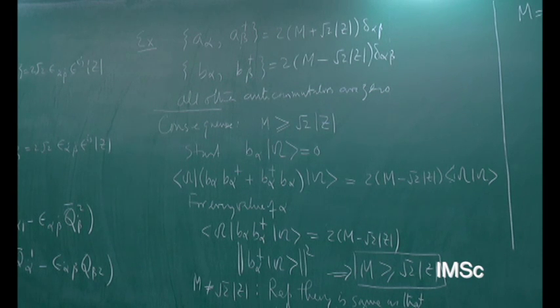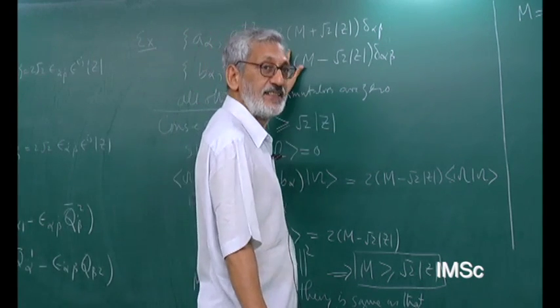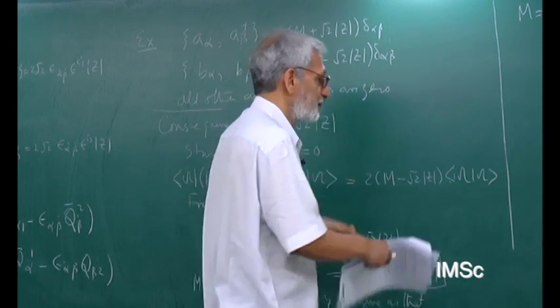BB is 0, B dagger B is 0, B with A's is 0. Okay. So which means I can take all of them, both B and B dagger, acting on state 0. So, therefore, we are left with only this algebra.